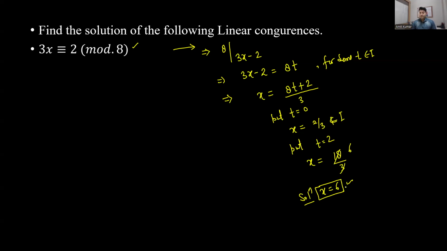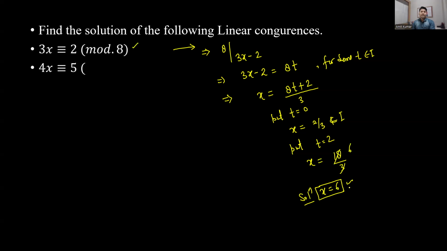This is one of the solutions, but it may be possible that this congruence has more than one solution. We will also discuss how exactly we come to know how many solutions there are for a linear congruence. In this case, it has only one solution, which is x equal to 6.